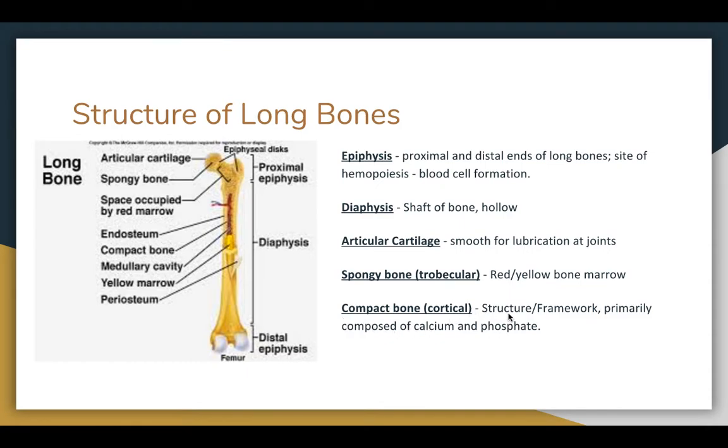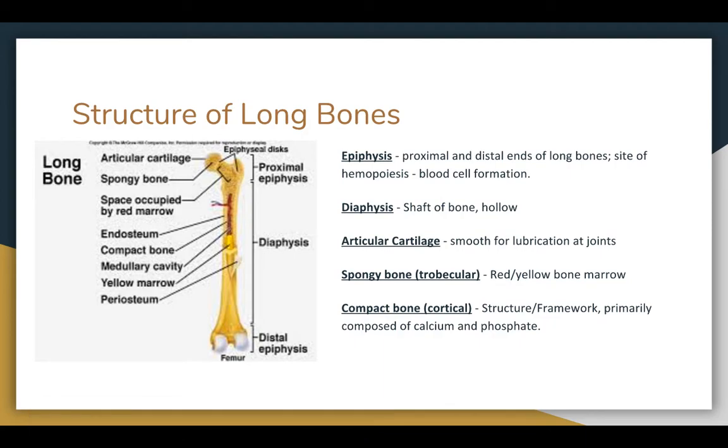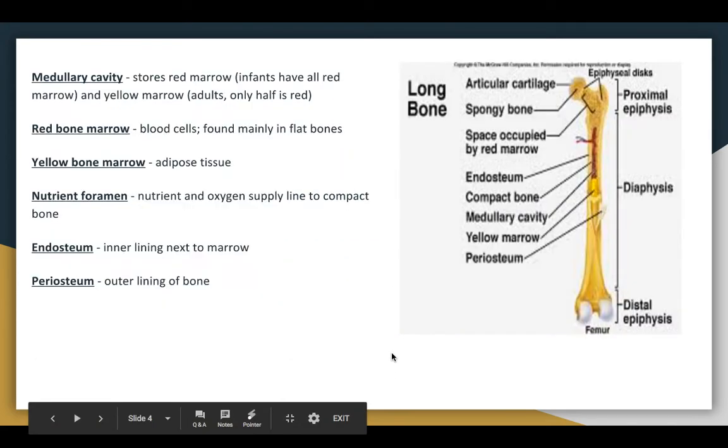It provides structure, framework, and it's primarily composed of calcium and phosphate. This is where, like it says, that you drink milk to make your bones strong. It's true, because the mineral calcium is found in there, and the ion phosphate make up that really, really strong framework of your compact bone.